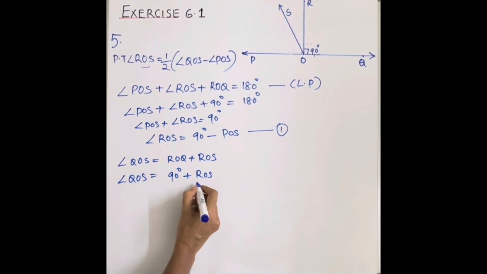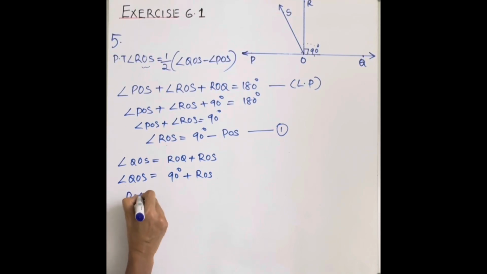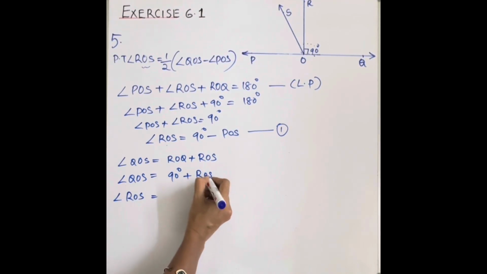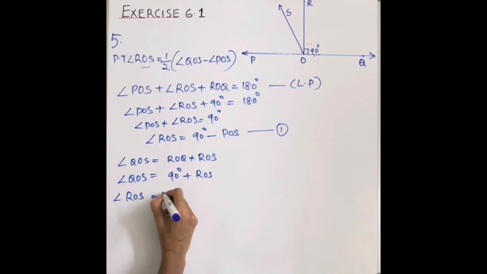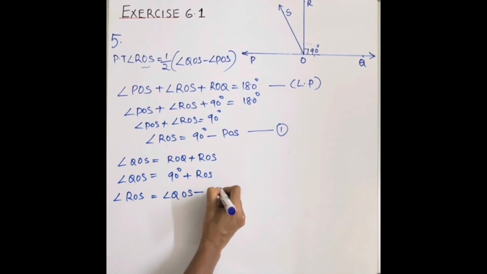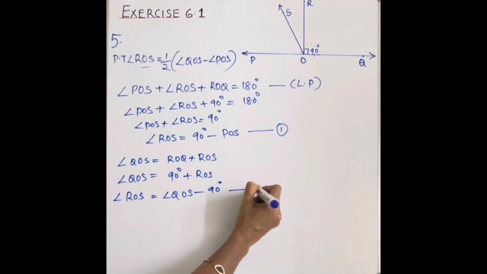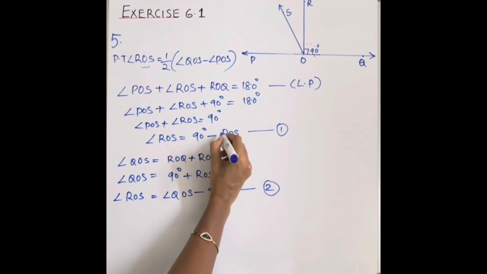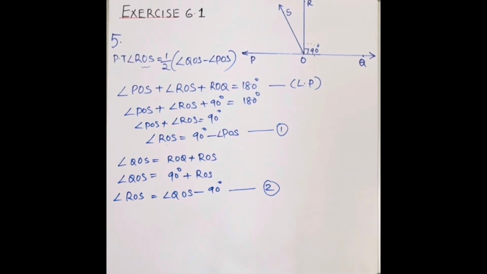Can we frame it like this? Angle ROS is equal to angle QOS minus 90 degree. So this forms the second equation.